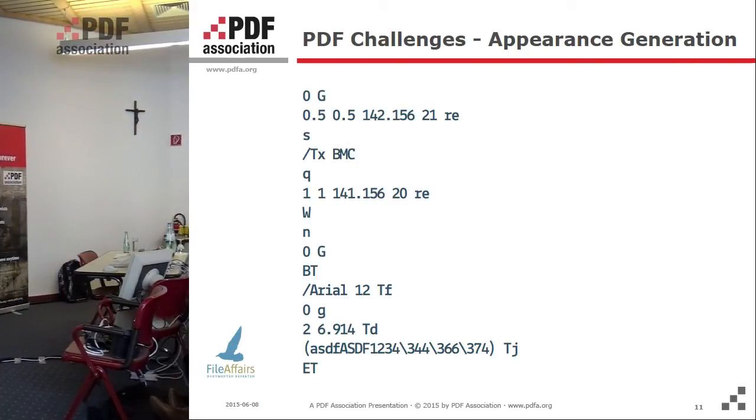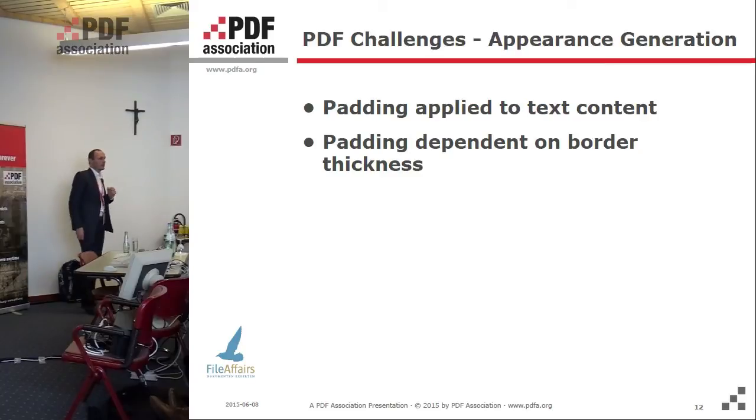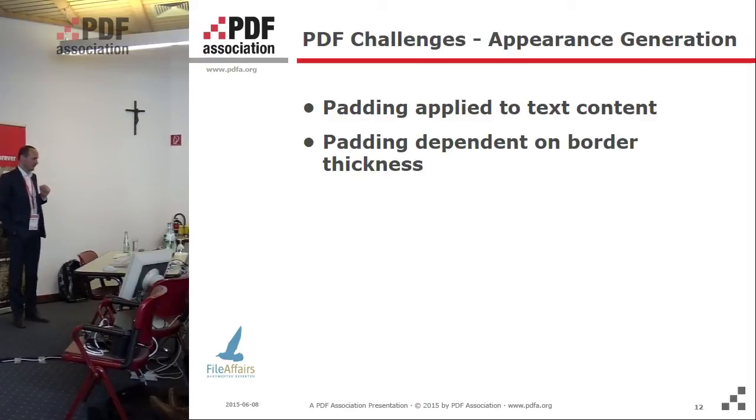But it doesn't tell you anything about clipping, it doesn't tell you anything about text positioning, etc. So the only way you can deal with that is to generate test files. Create a form from scratch, fill it out, use some edge cases, and find out that, hey, there's some padding applied to the text content. And that padding, for example, is dependent on the border thickness.